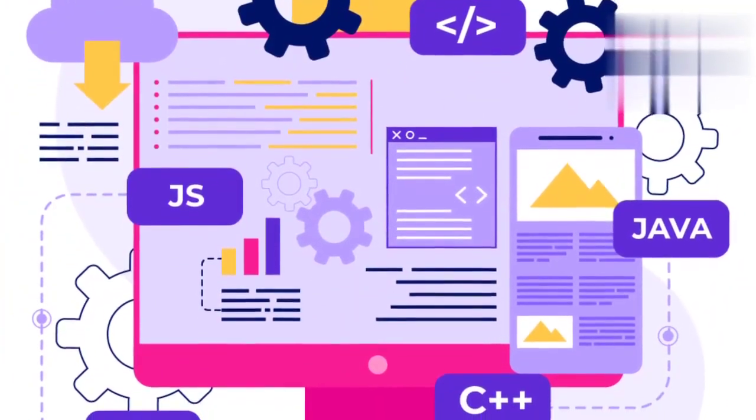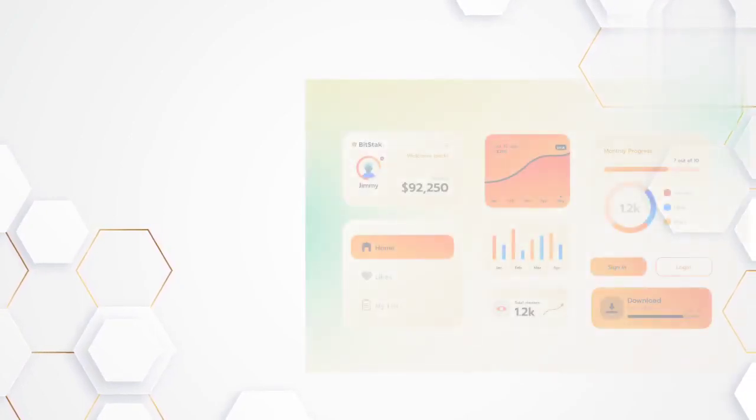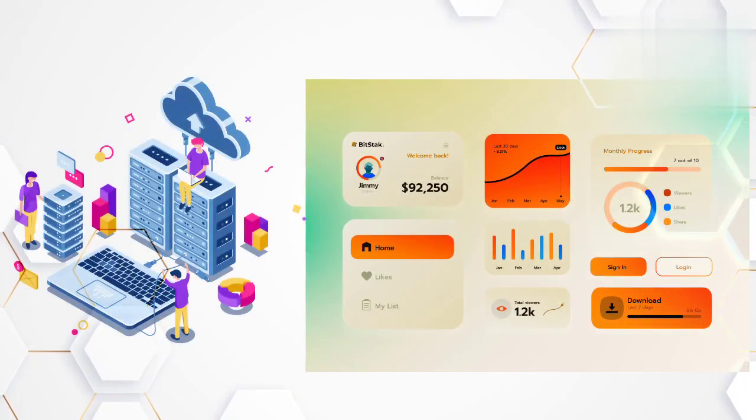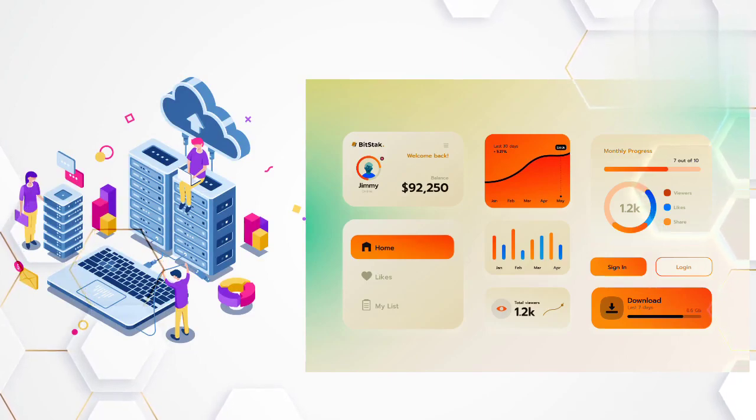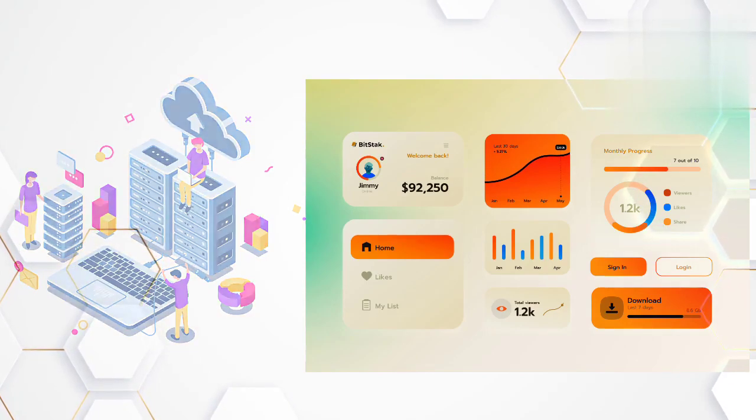Full-stack development encompasses both front-end and back-end development. Full-stack developers have the skills and knowledge to work on both the client and server sides of a web application. They understand how the different components interact and collaborate to deliver a seamless user experience.